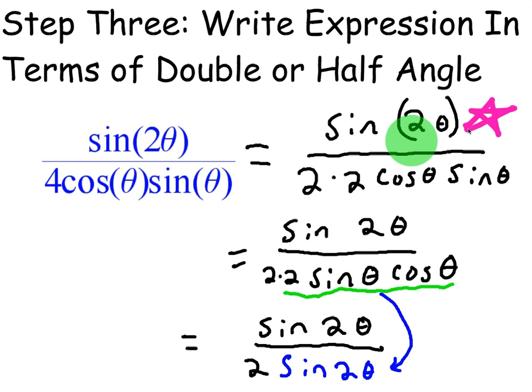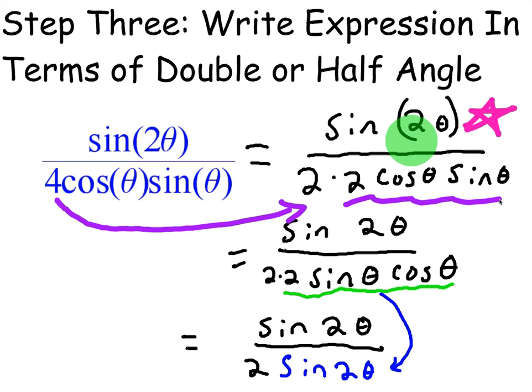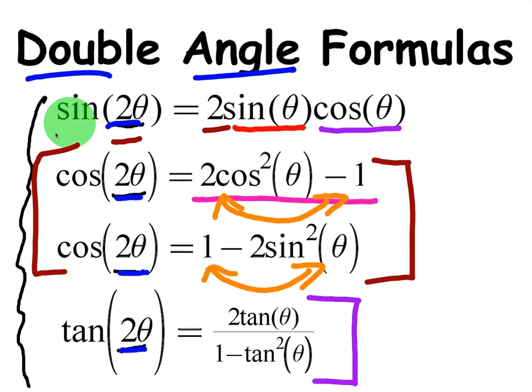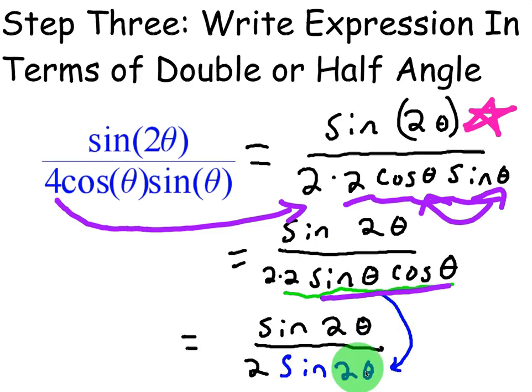The way I worked this one out was a little bit different, kind of in reverse. So what I did was I took this 4 and I changed it to 2 times 2. So now I have a 2 cosine theta, 2 sine theta. Next, I flipped these around to put sine and cosine first, and now we have indeed 2 sine theta cosine theta, which is equal to, going back to our double angle formulas, sine of 2 theta. So I'm just going to replace that with sine of 2 theta.